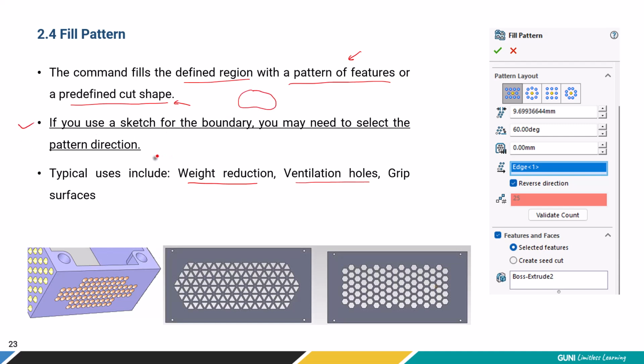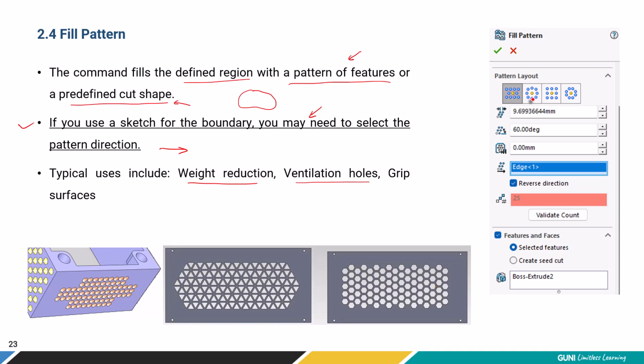If you use a sketch for the boundary within which you want to fill the pattern, you additionally require a direction to place the pattern. Now under the fill property manager, you have 4 options.